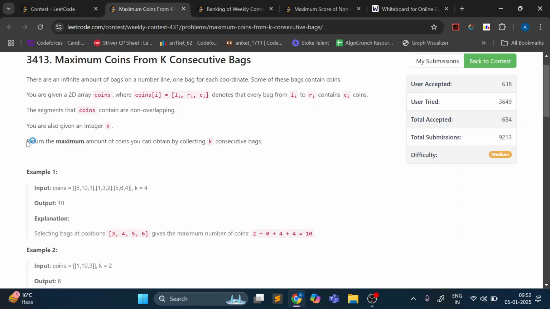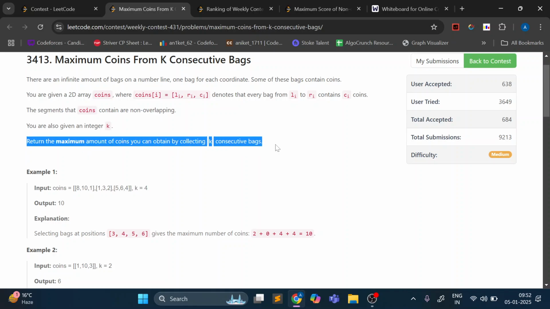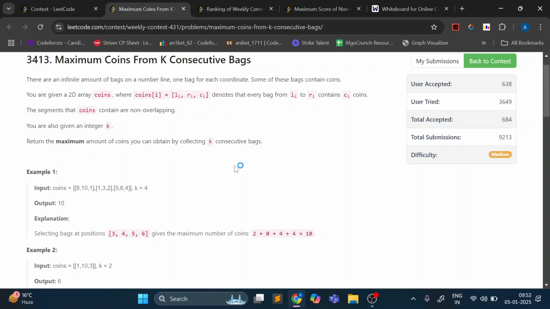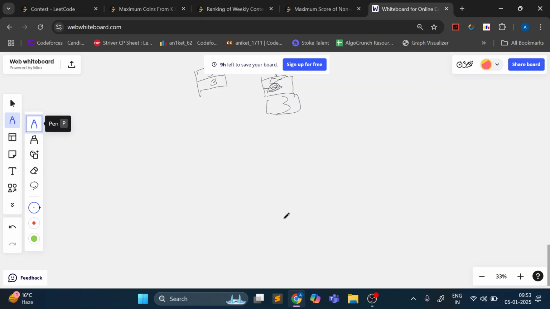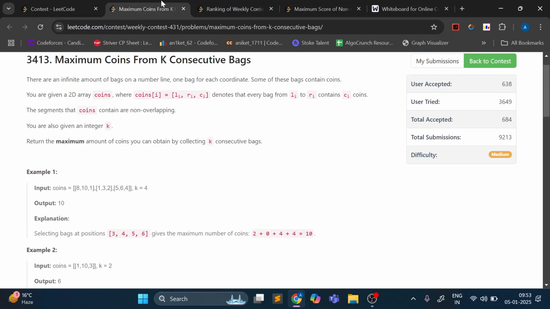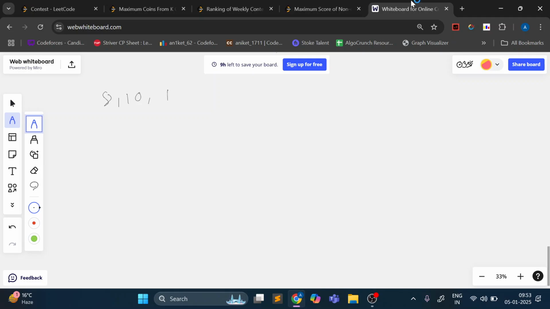We basically need to find the maximum amount of coins you can obtain by collecting k consecutive bags. So let's just take one first example. 8, 10, 1, then 1, 3, 2.